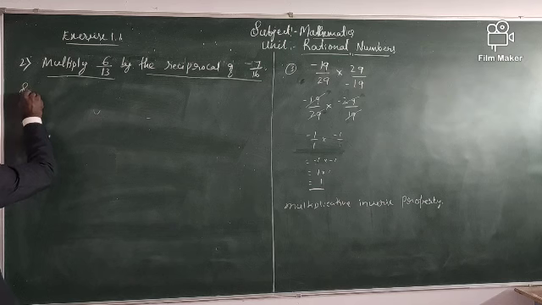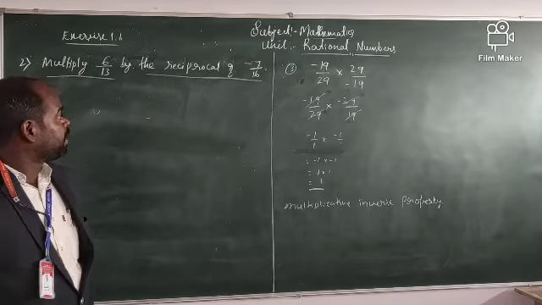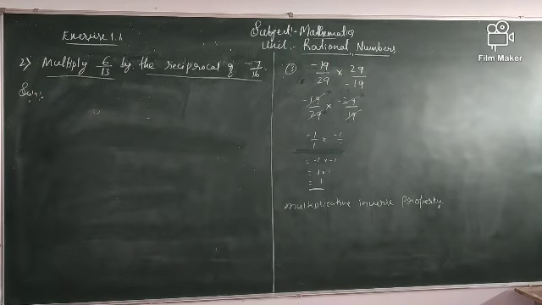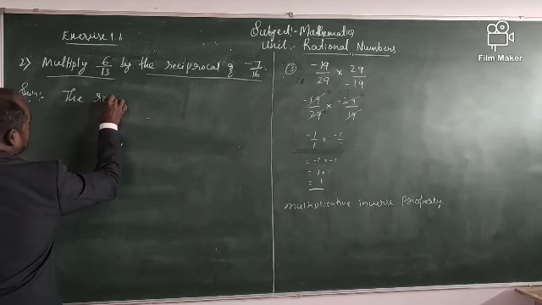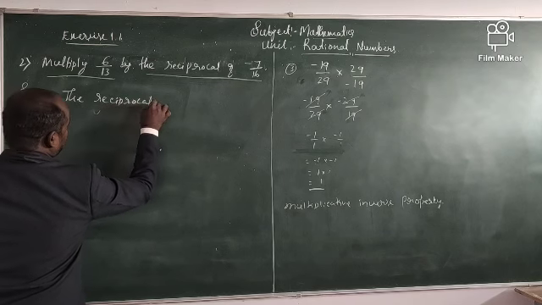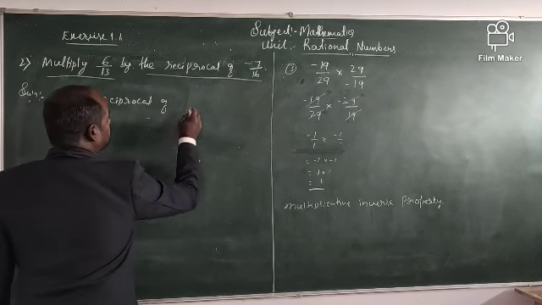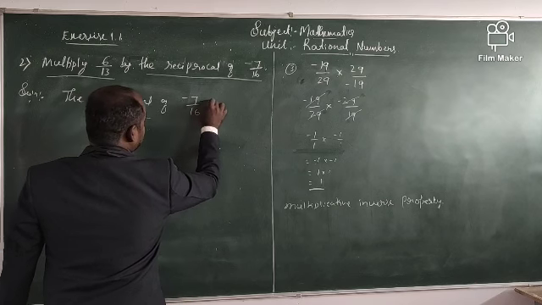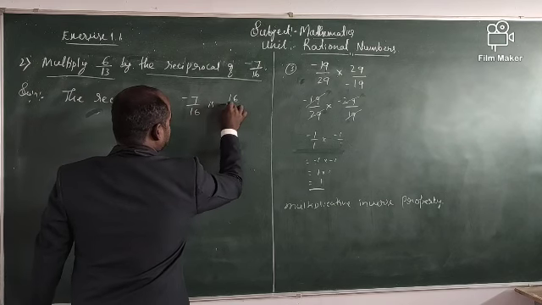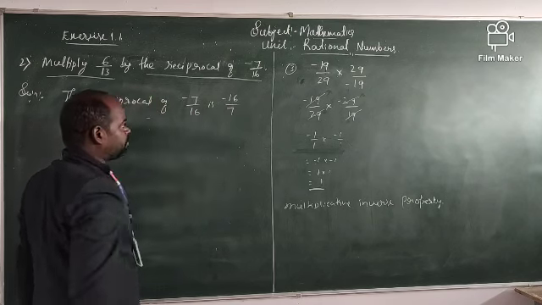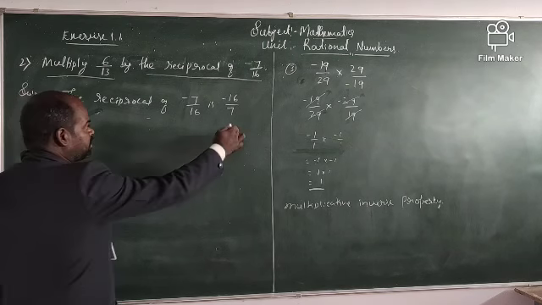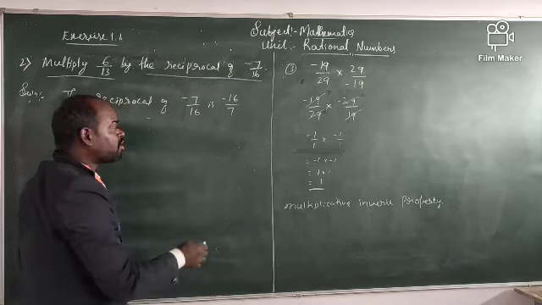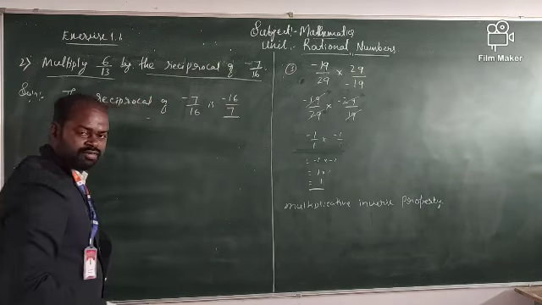The solution is, first write the reciprocal of minus 7 by 16. What is the reciprocal of minus 7 by 16? It is 16 by minus 7. The standard form is minus 16 by 7.